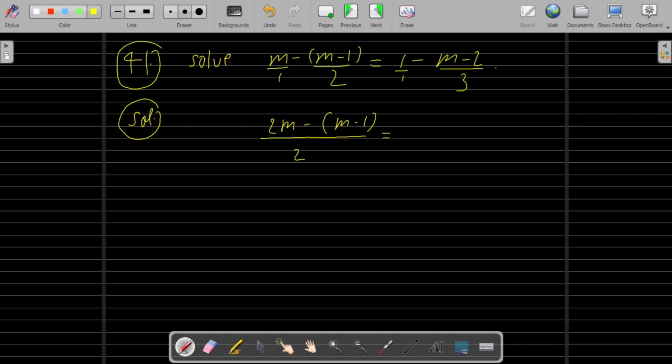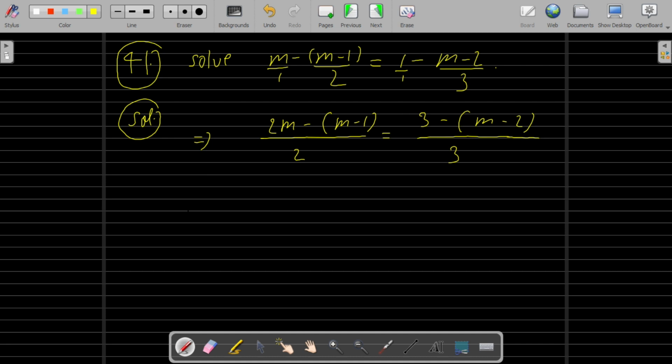So I just attached a bracket after the minus sign. Similarly on the right hand side, this will be 3 minus, and the same method we will apply here. Consider this whole quantity as a single one, with the bracket after the minus.